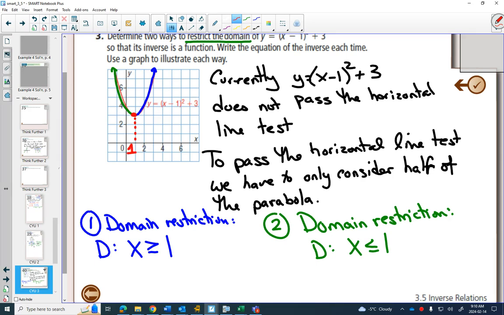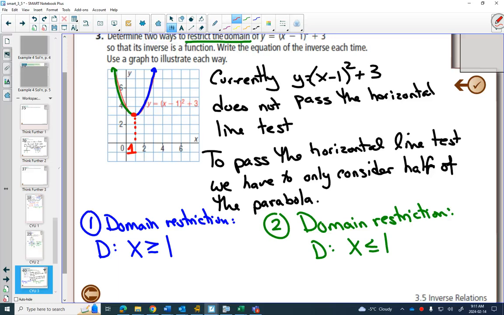We don't care what the y value is, because we want to restrict the x values. So my x value of that vertex is at 1. So in this case, the blue part is x is bigger than 1. The green part is x is less than 1. If I move that parabola around, that's going to change my x value. It will change your domain restriction. Okay? That's big idea number 1 for this question.